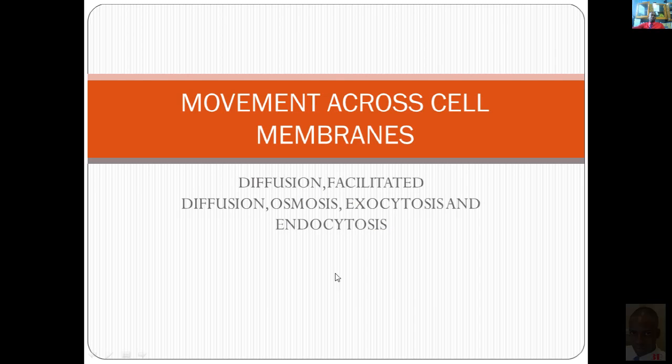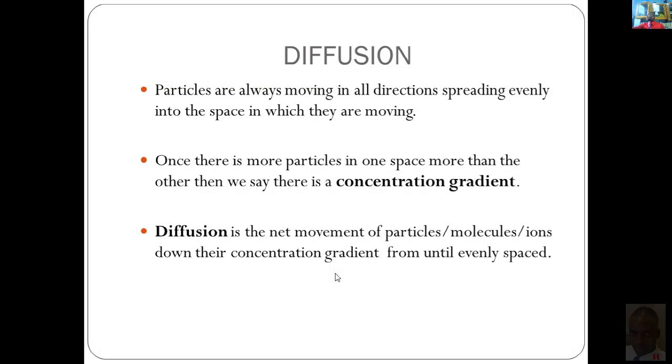Alright, so let's now look at how stuff moves across the membrane, starting off with the most important process, diffusion. And just to understand diffusion in the beginning, particles are always in motion, and this is something that is important for us to understand. Particles always move. There's nothing that is basically stationary.